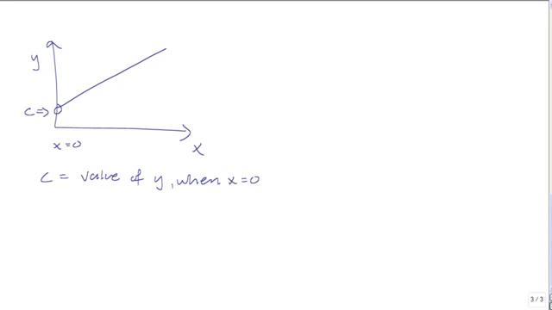Now the x and y values of any point along a straight line, along a linear graph, can be represented using what's called the equation of a straight line.